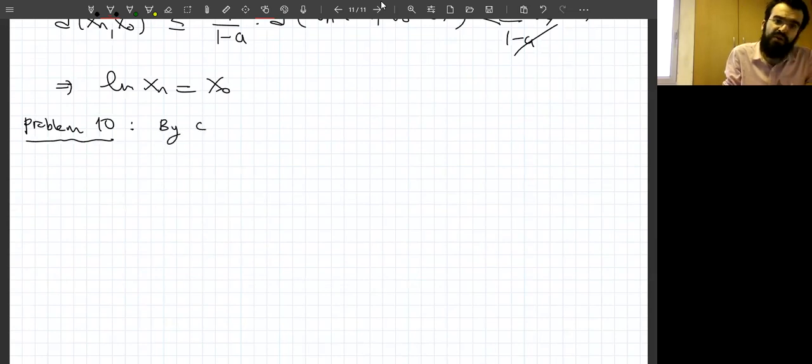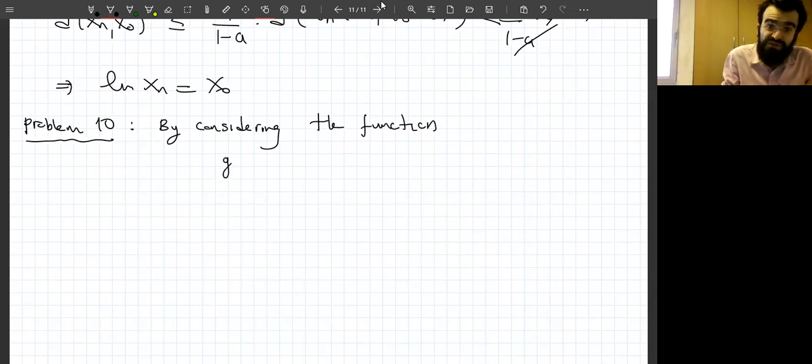So by considering the function, which function?